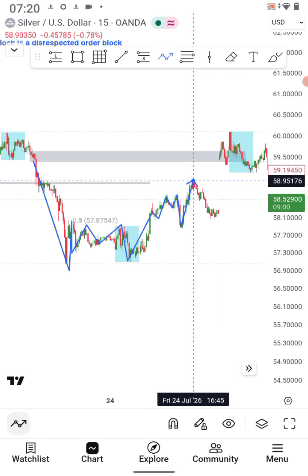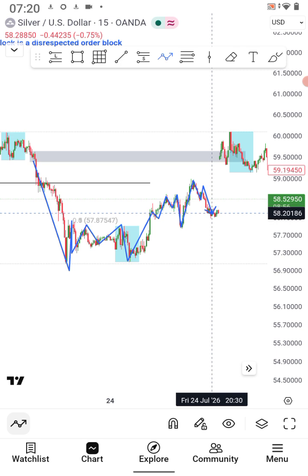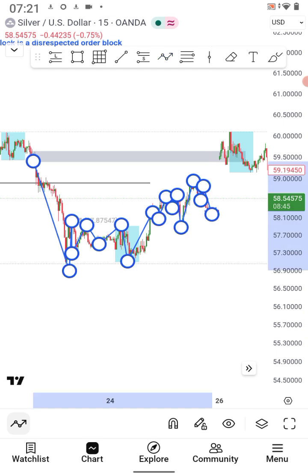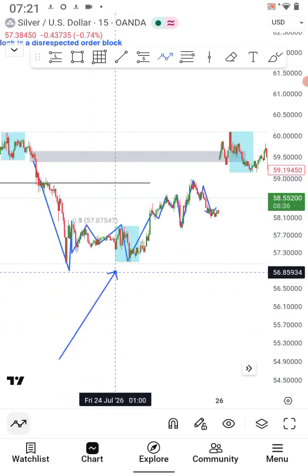See another one here. It happened here again. It started doing as if it's coming back. Some people will now rush in. That is not all. While doing this, I don't just regard anything, because you can see that there was market structure shift kind of here.